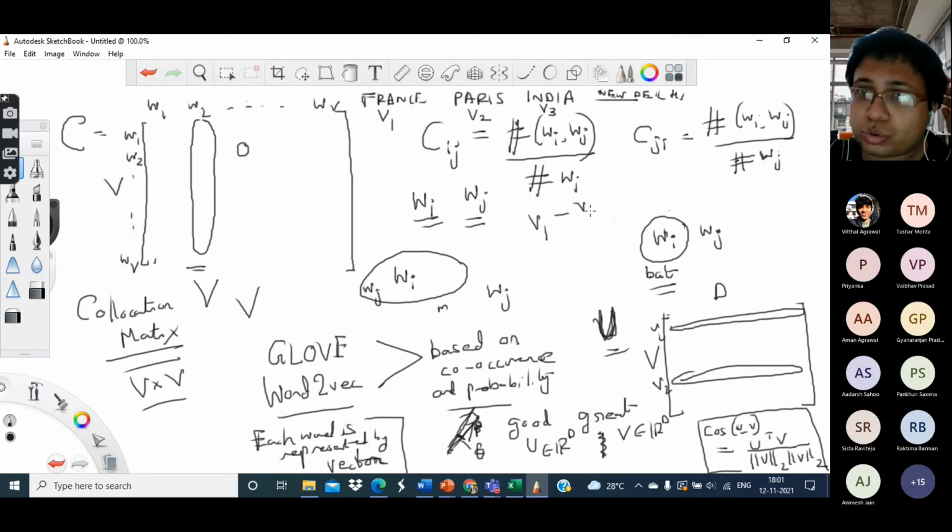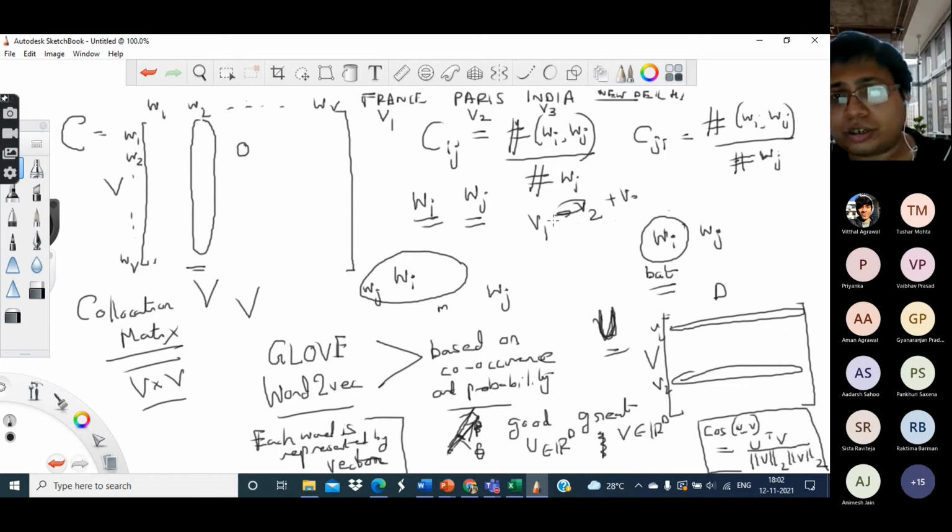Let's say that this fourth word which I am looking for is an unknown word v. So basically, what do I want? I want v1 minus v2 to be nearly equal to v3 minus v.